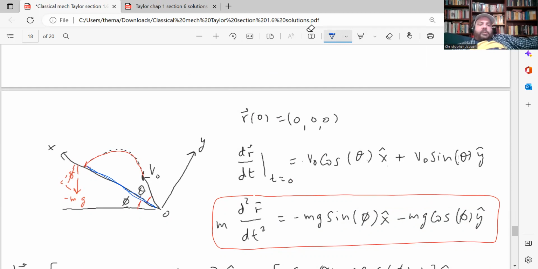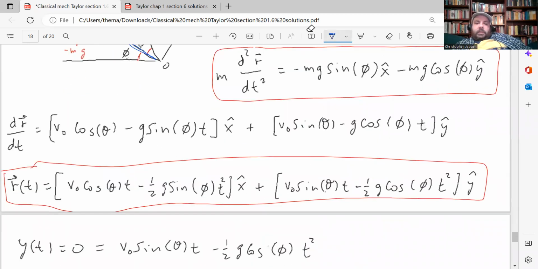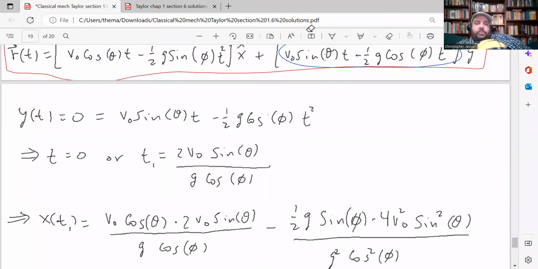So let's do that first. That happens when y is 0. So I can solve this problem by setting the y coordinate equal to 0, so this part here, set that equal to 0 and solve for t, which I'm doing down here.